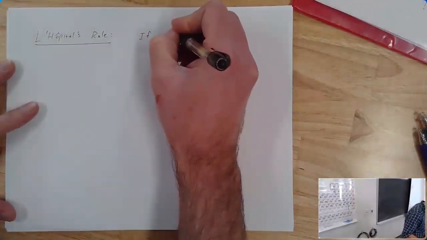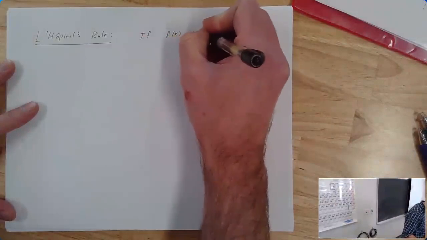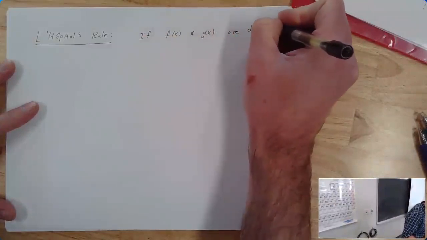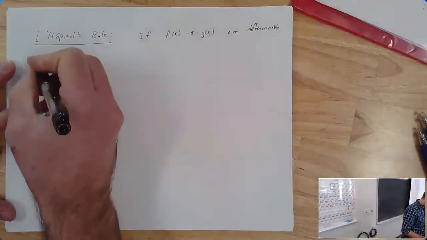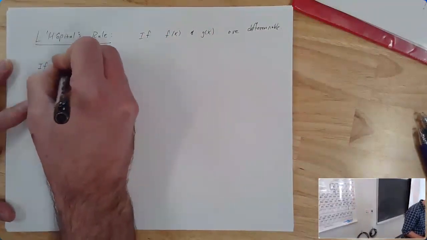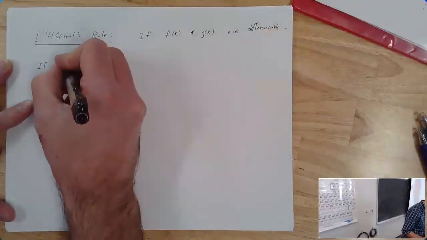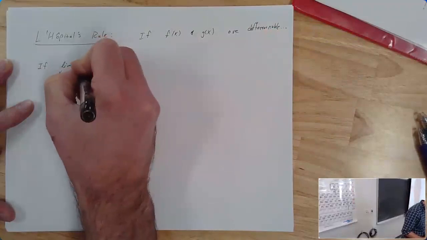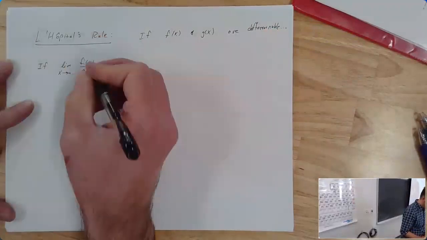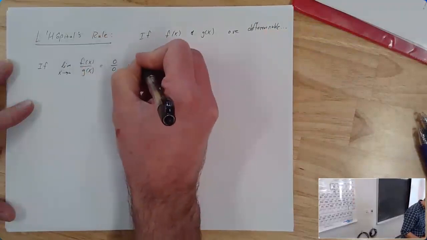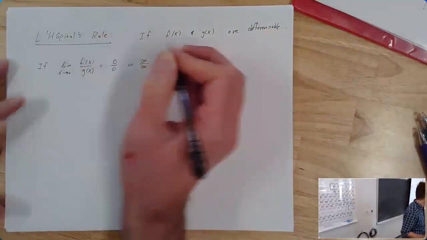If f of x and g of x are both differentiable, then we can say the following. If the limit as x approaches a of f of x over g of x is either equal to a 0 over 0 or an infinity over infinity, it doesn't matter what sort of infinity.